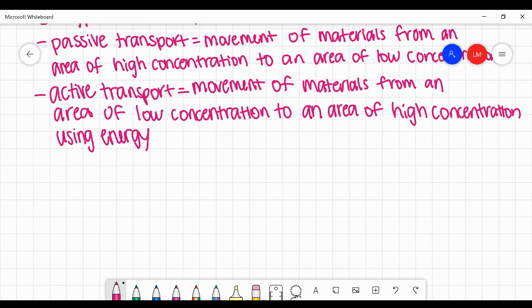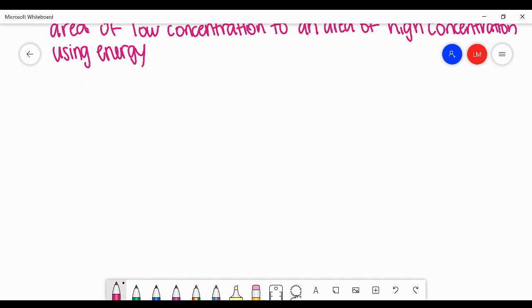Next, we will look at the details of each of these types of transport, starting with passive. There are 3 types of passive transport. For all of these, it will be the movement from high concentration to low concentration. So we'll just describe what kinds of things will be doing that type of passive transport. The first one we will talk about is called diffusion.